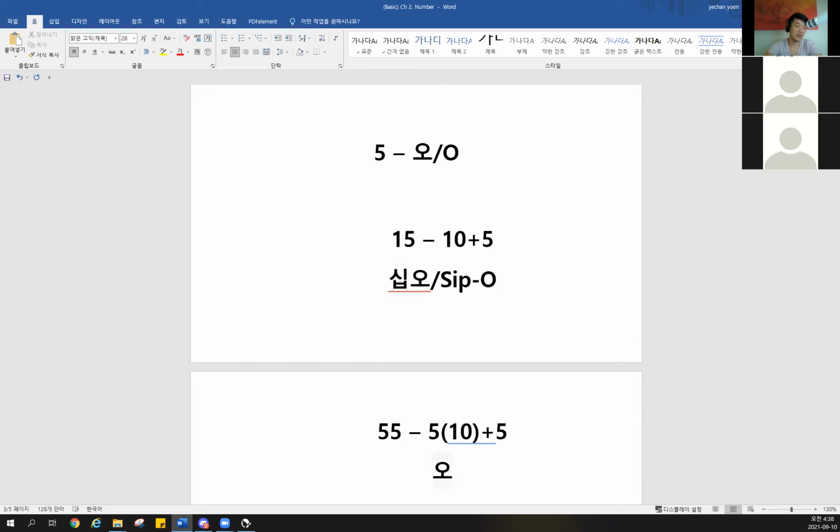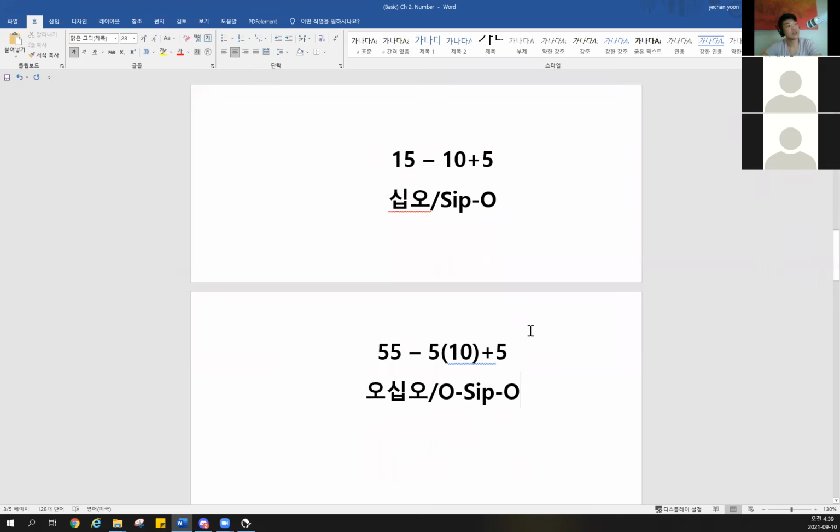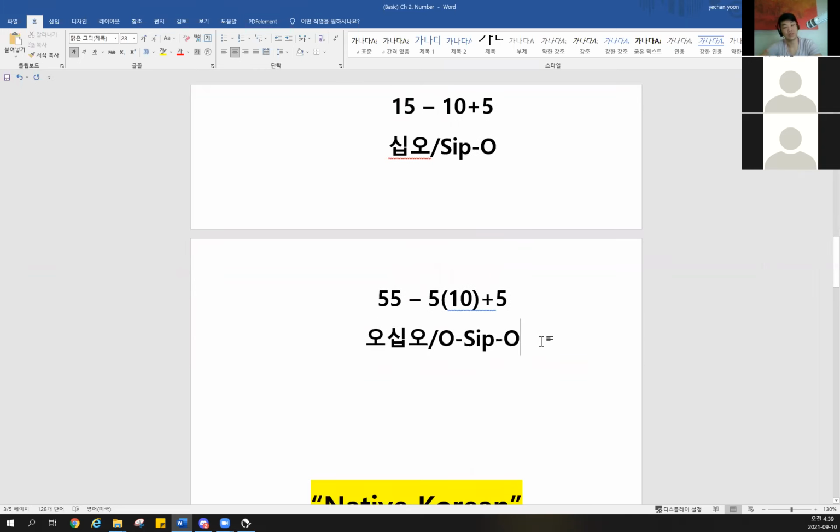And then which position? 10th position, so it's going to be 10. And then the next number is what? 5, again. So it's going to be 5, 10, 5. This is how you write 55 with the Sino version. It's not that difficult, everyone. You just need to memorize the format.